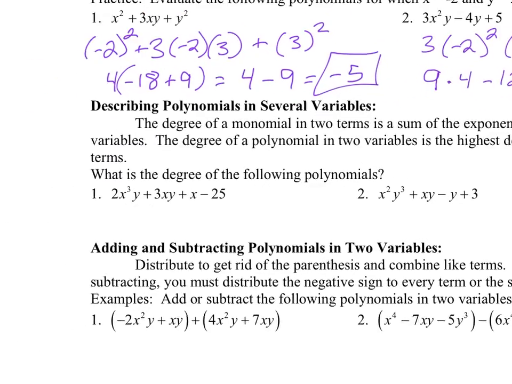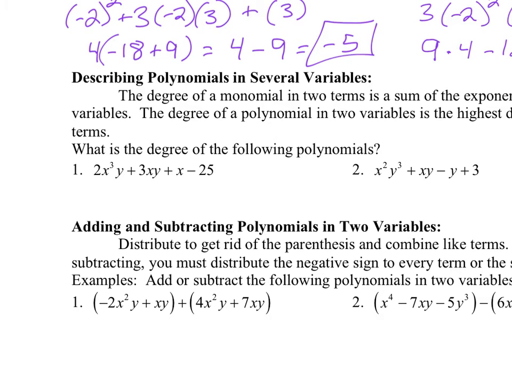Describing polynomials in several variables. The degree of a monomial, we've already talked about this a little bit, is the sum of the exponents on the variables. So this particular term has a degree of 3 plus 1, so it has a degree of 4.